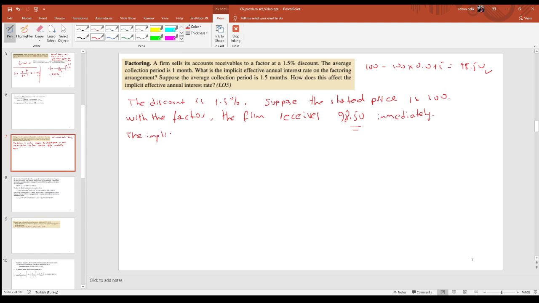the implicit monthly interest rate R is defined by, now we receive $98.50, so this should be equal to 1 plus R to the power of 100.